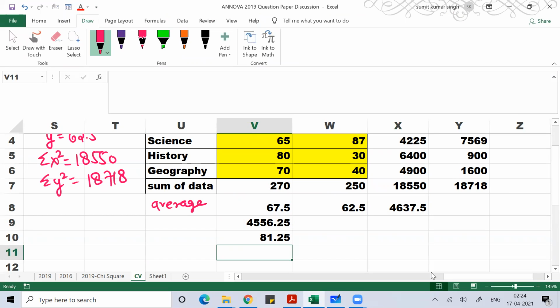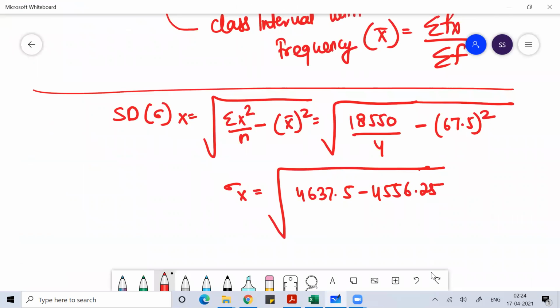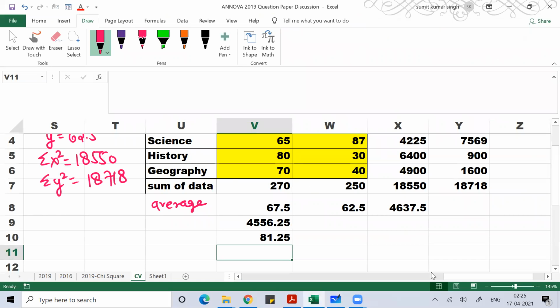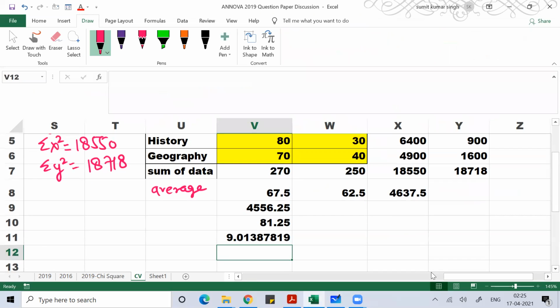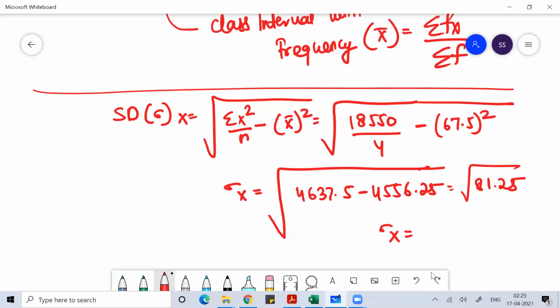That is 81.25. The standard deviation of x is under root of 81.25, which is 9.0138. This is the standard deviation of x.